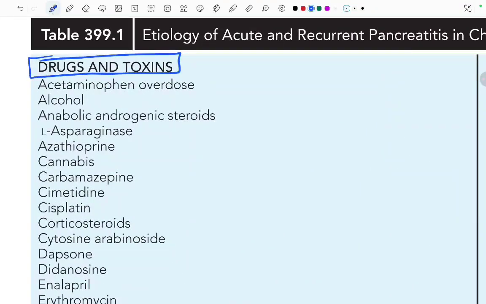First is acetaminophen, that is paracetamol overdose, alcohol, anabolic androgenic steroids, L-asparaginase, and azathioprine.